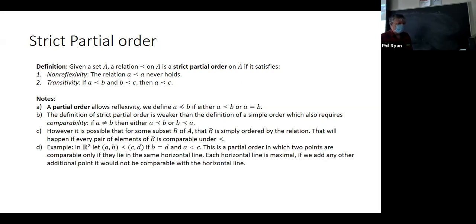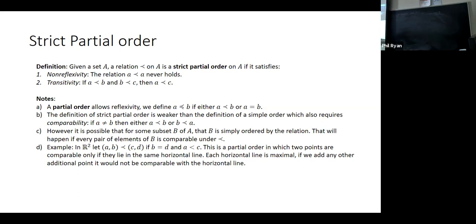So an example is in the plane, and we can say that AB is less than CD if B equals D and A is less than C. Okay, so this is a partial order. And points are comparable only if they lie in the same horizontal line. So if the y coordinate is different, they lie in different horizontal lines and they're not comparable at all.